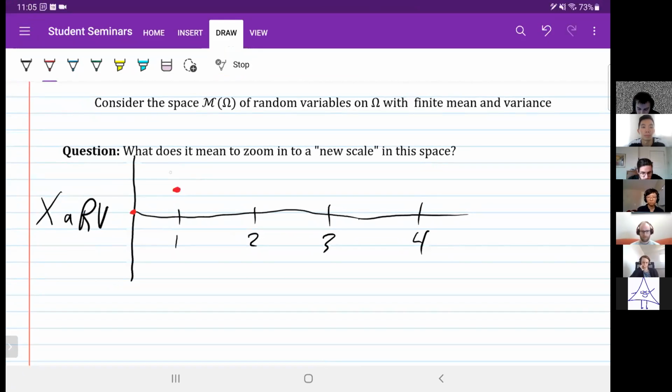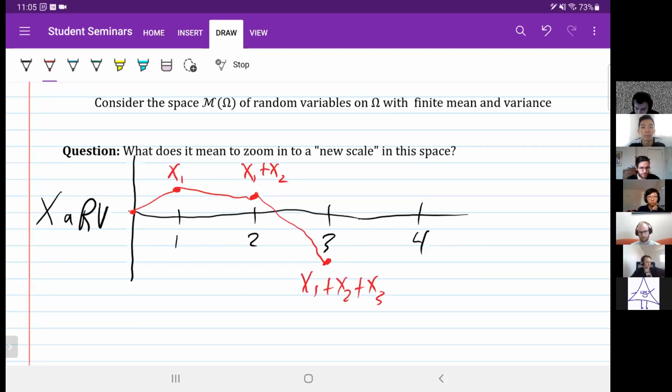So maybe my first number I'll call x1, which I'll generate according to X. And at moment 2, I'll generate another number, x2, and I'll plot x1 plus x2. Maybe at moment 3, I generate another number, x1 plus x2 plus x3. And I can keep going on and on and on. And this is a model of a random walk. But the random walk itself doesn't really matter to us. This is what allows us to define a notion of scale to this random variable.